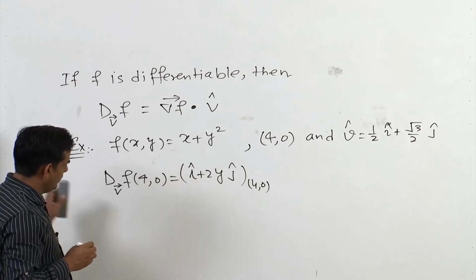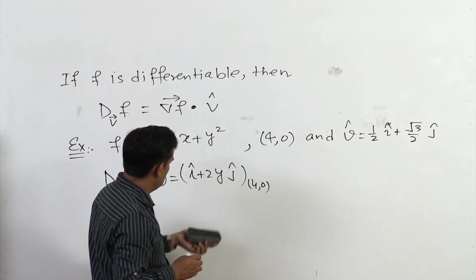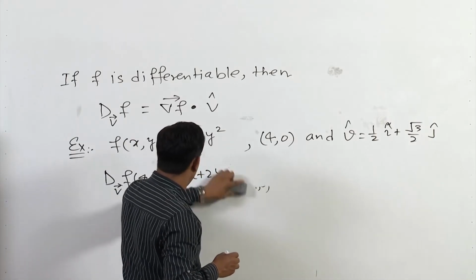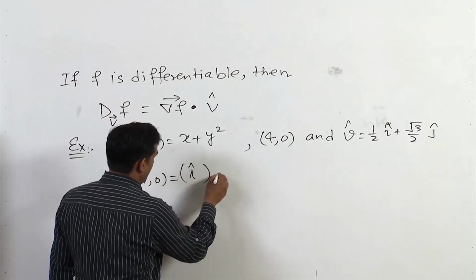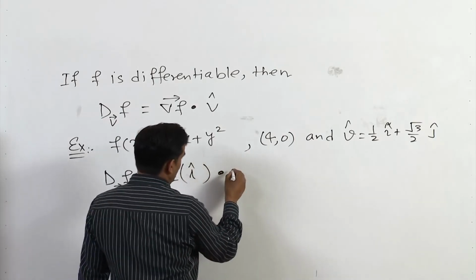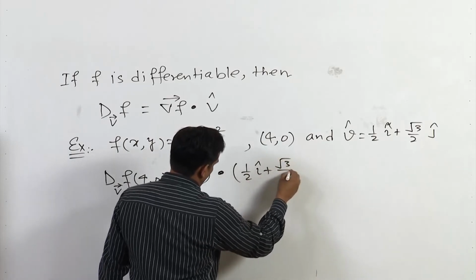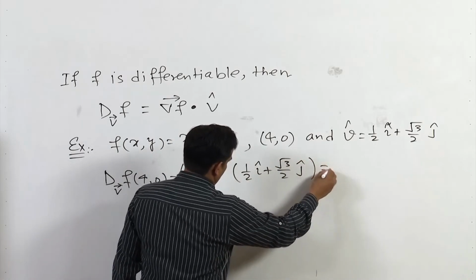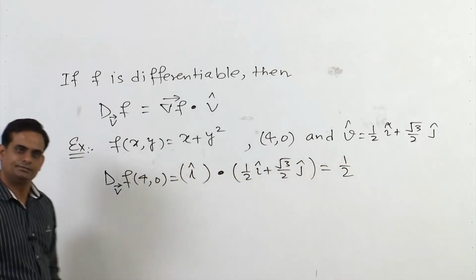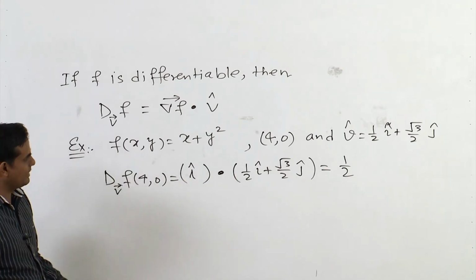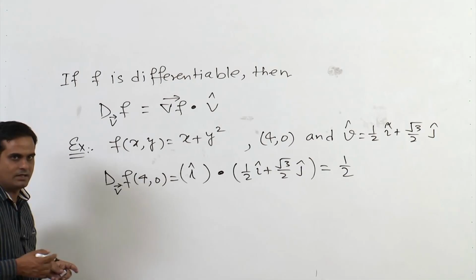At the point (4, 0) it will become simply i only, because y is 0. So, i dot with the vector 1 by 2 i plus root 3 by 2 j, and this comes out to be 1 by 2. So, the same answer we obtained earlier using the limiting definition.